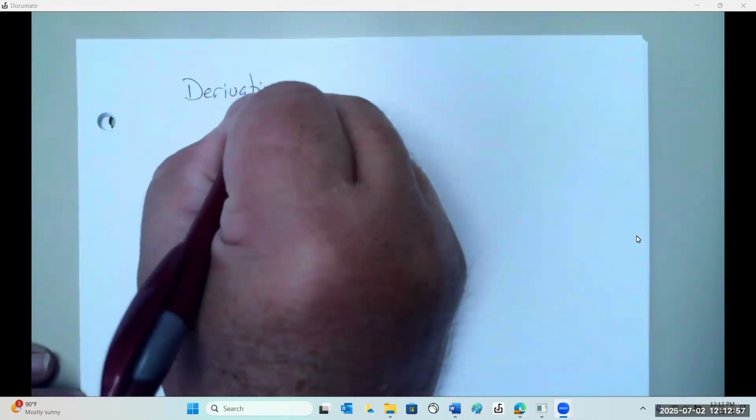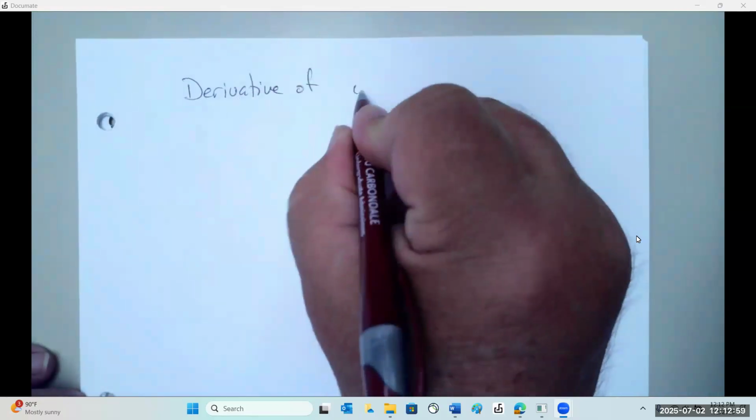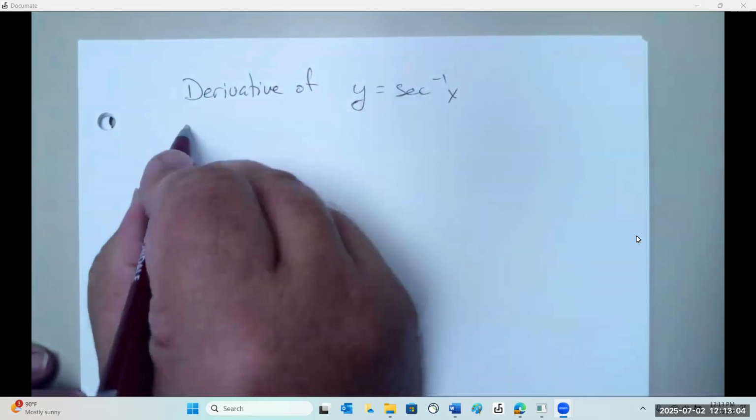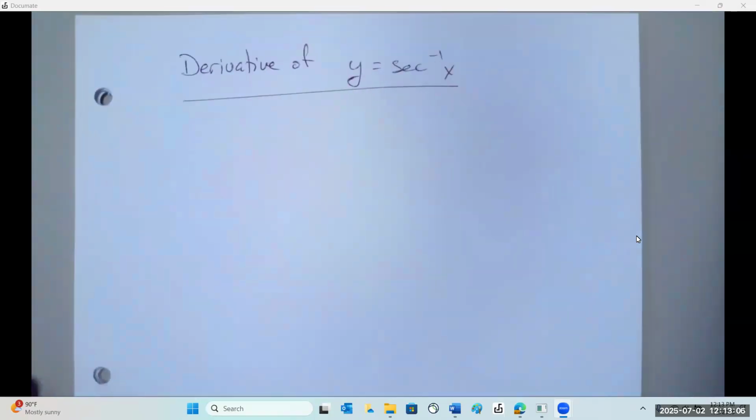All right, now let's look at secant. Let's take a derivative of the secant. Remember what the graph of this one looked like?